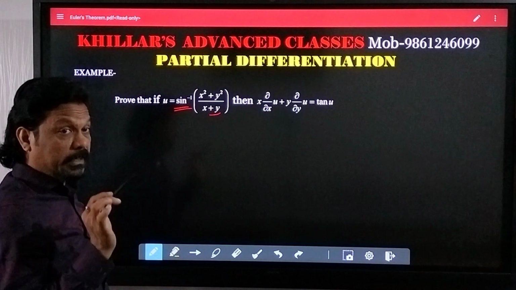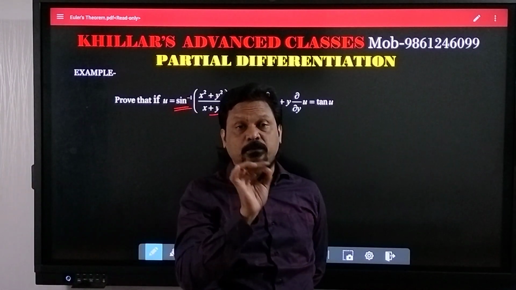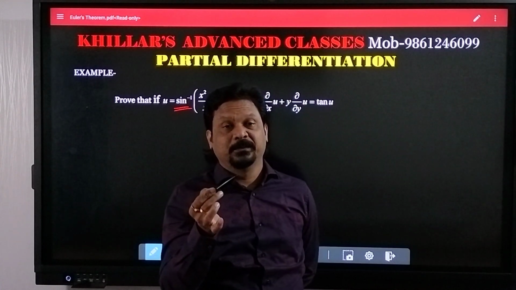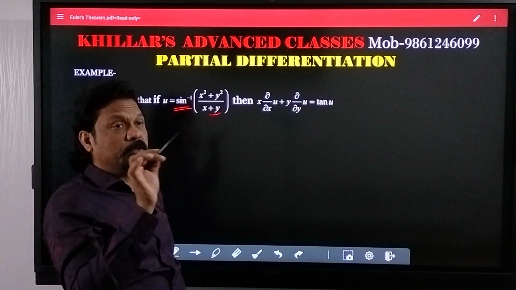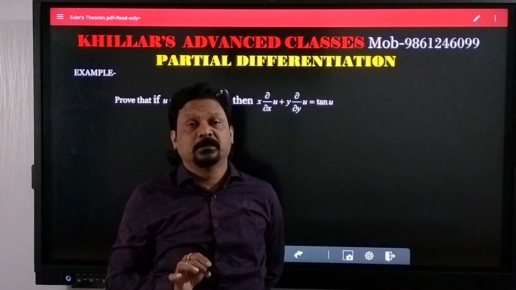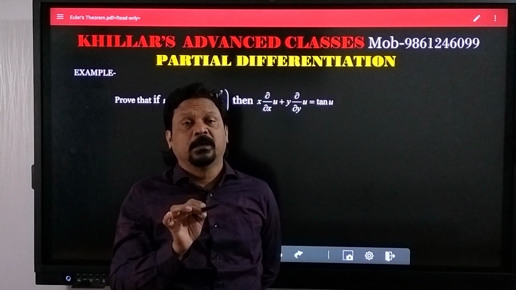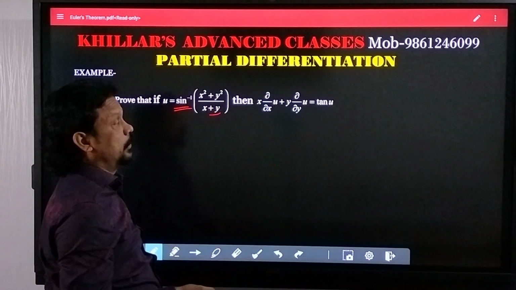For logarithm, I have told you that you should write the degree only. x del u by del x plus y del u by del y is equal to the degree. That means u is equal to log of something, and that something part is the vital part, and you have to find the degree of that something and write the degree on the right hand side only.